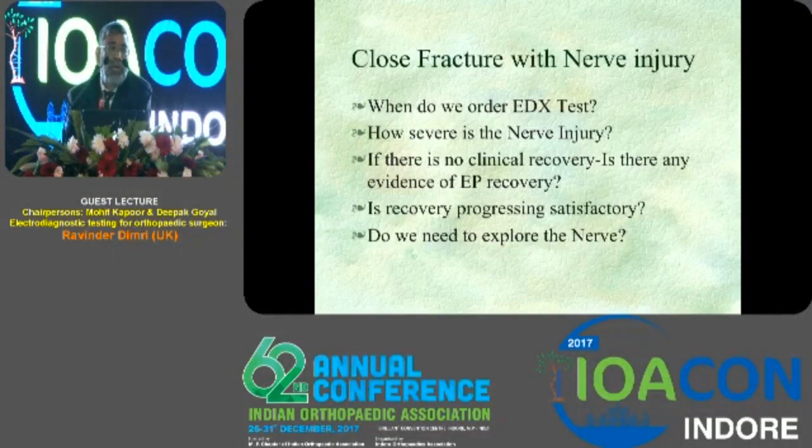So there's no point doing the nerve conduction study before 6 weeks. Wait for 6 weeks. But at the same time, there is no point waiting beyond 3 months, because by that time you will have enough evidence that the regeneration is happening or not. And after 3 months, if it is clinically and electrically not happening, then explore this nerve.